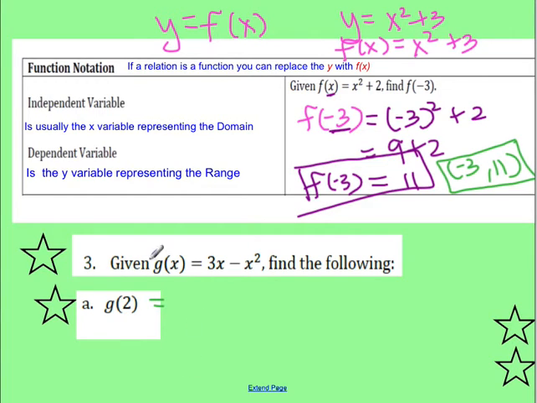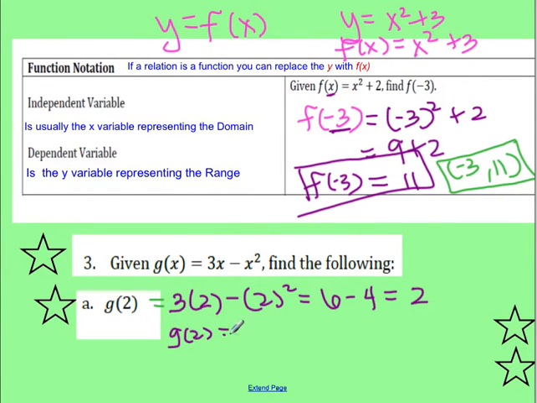So it's going to be 3, now there's an x, so I write 2 instead, minus 2 squared. And then I solve. It would be 3 times 2 is 6, minus 2 squared is 4. 6 minus 4 is 2. So when I plug in 2, I get out 2. So I really have the ordered pair 2, 2. But I can write, my final answer is g of 2 equals 2.